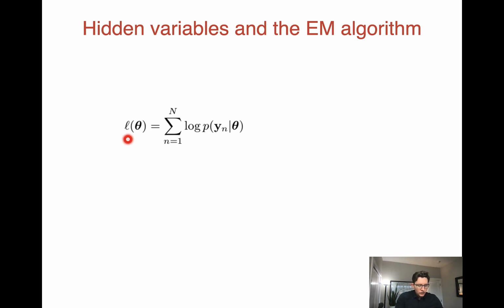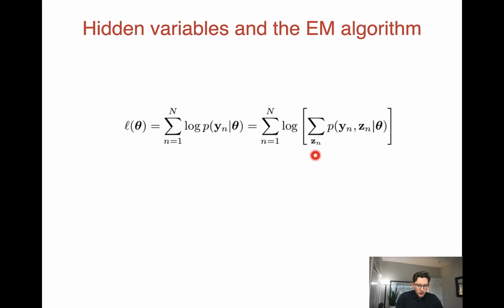So the log likelihood as a function of theta is, well, we have to sum over all of our examples the log of the probability of y n given theta. But notice that y is our observed variable. Notice that we don't know what z is, and we haven't included z in here. So we have to include that somehow. Well, the way we have to include it is by marginalizing over it.